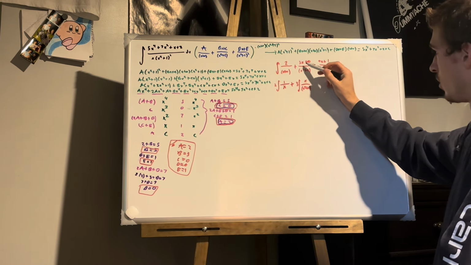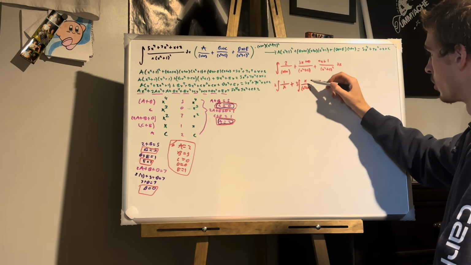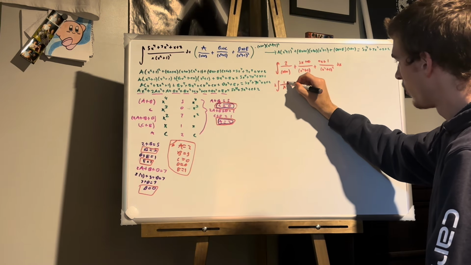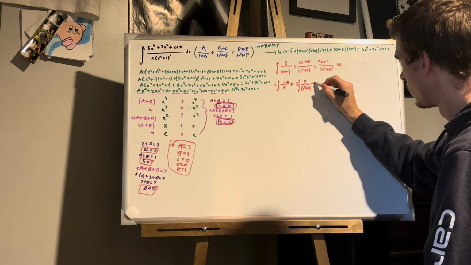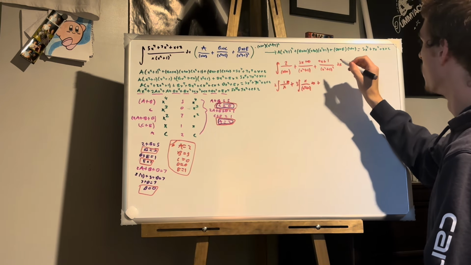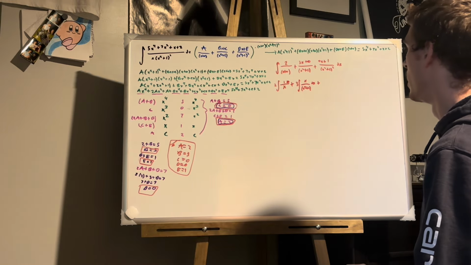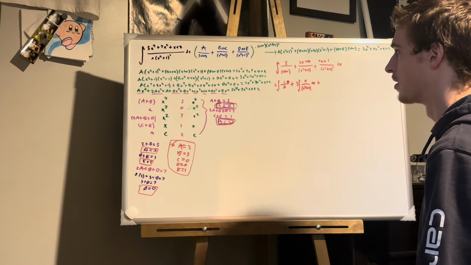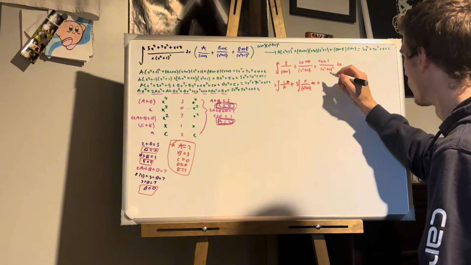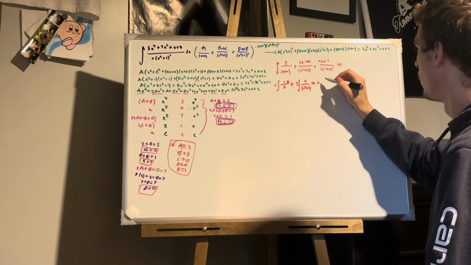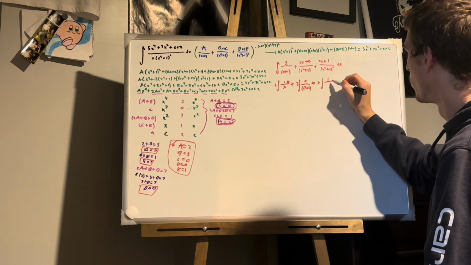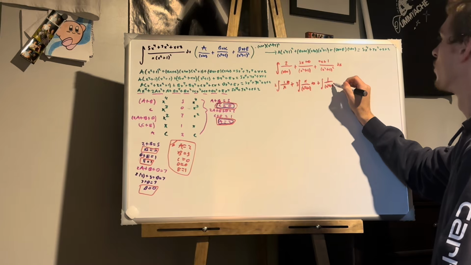Okay, you guys see that? Just pull the 3 out. X plus 0 is just x. Don't forget your dx. Okay. 0x is just 0. It doesn't matter what you plug in for x. Literally anything multiplied by 0, right? So it's going to be 0. So we can get rid of that. And then we just have the integral of 1 over x squared plus 1 squared.